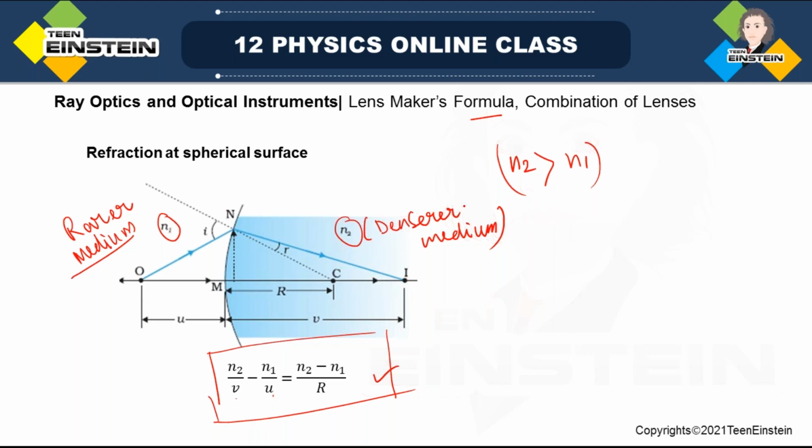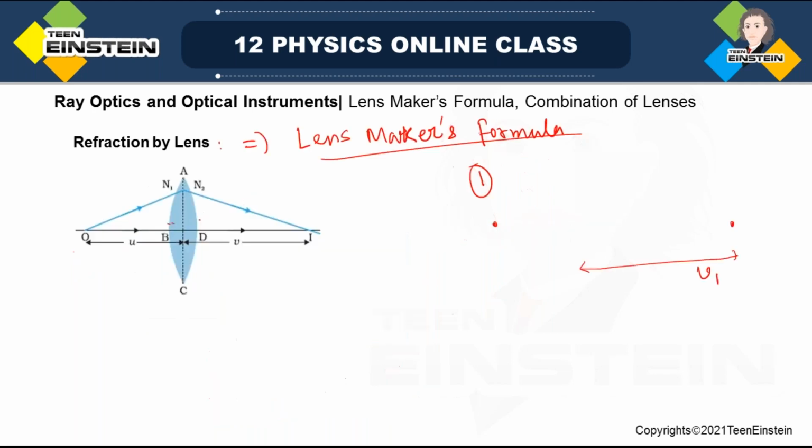That is what we had thought, and then we derived this formula. Now we are going to see how a lens helps us to get an image, or how an image is formed by refraction through a lens.